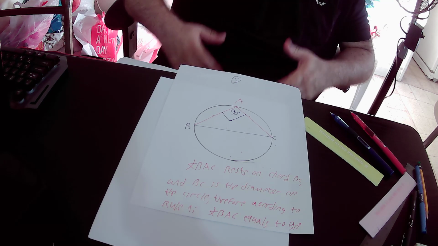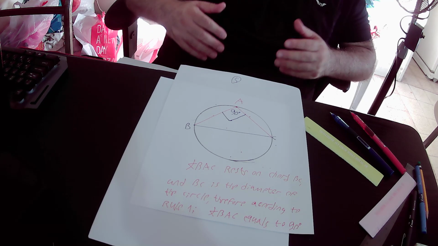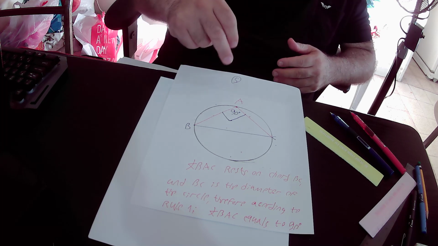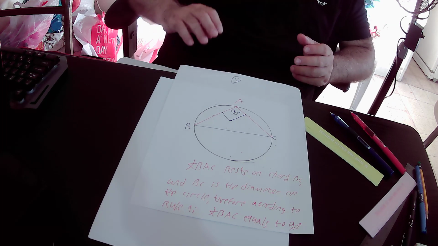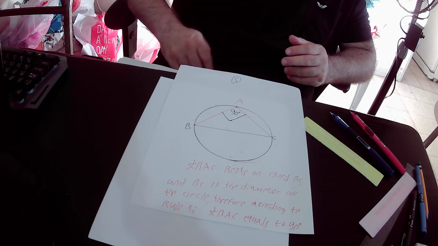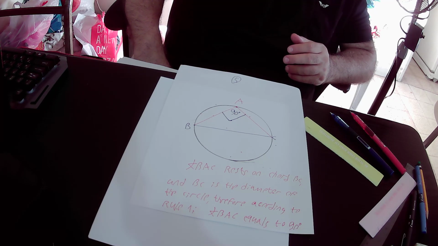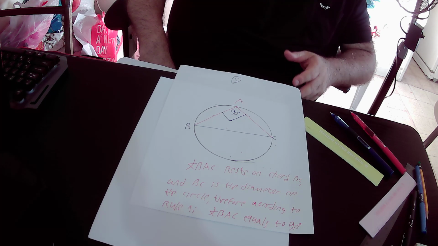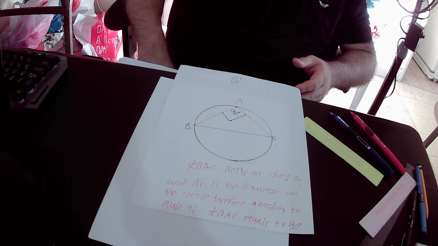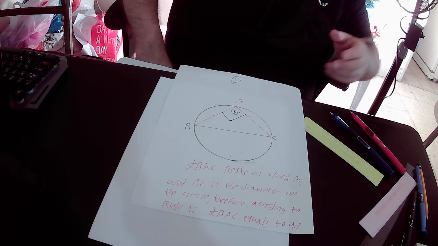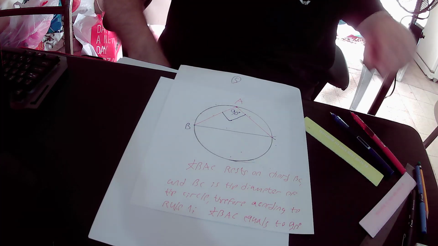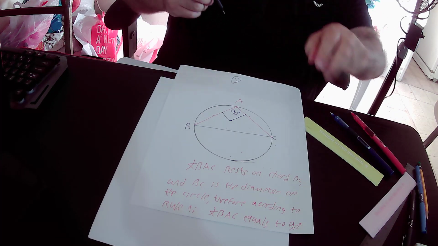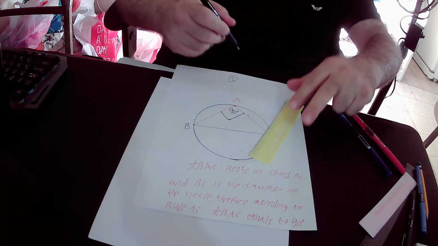For that reason, according to rule number 1, angle BAC equals 90 degrees. Okay, so any angle that rests on the diameter of a circle will be equal to 90 degrees. I will give you another peripheral angle that rests on the diameter of a circle.